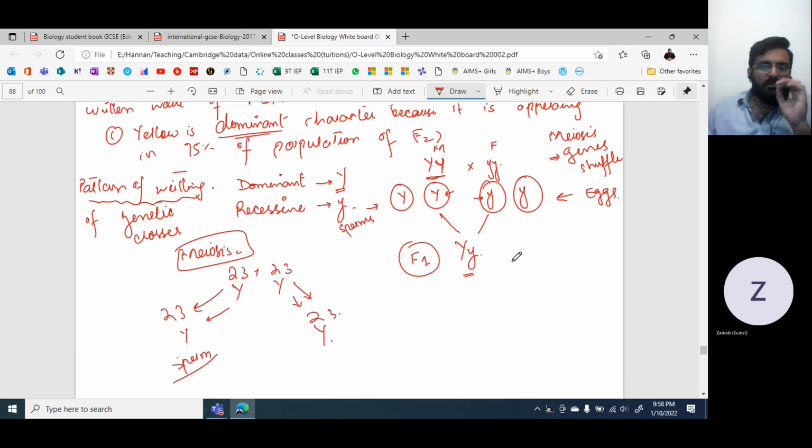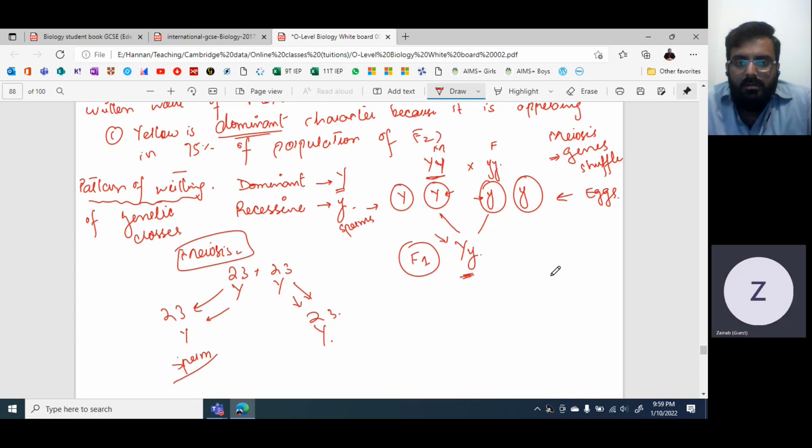By looking very closely, what do you conclude, what should be the color of the seed by looking at this expression? What should be the color of the seed? It would be yellow.